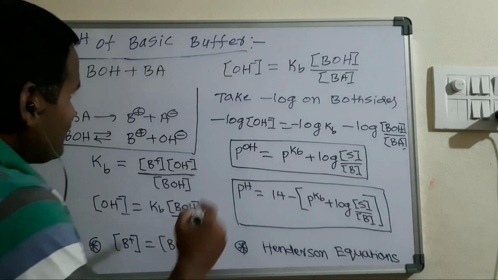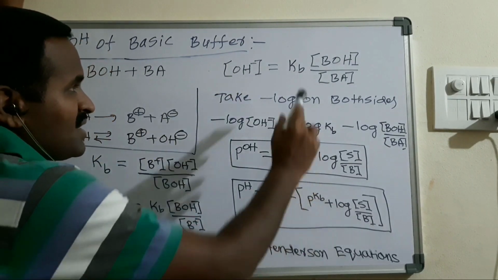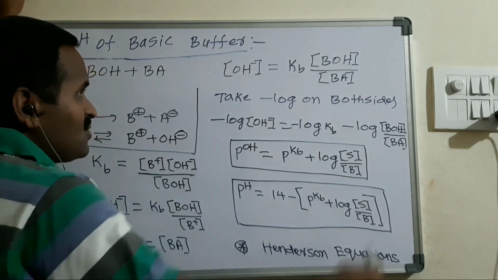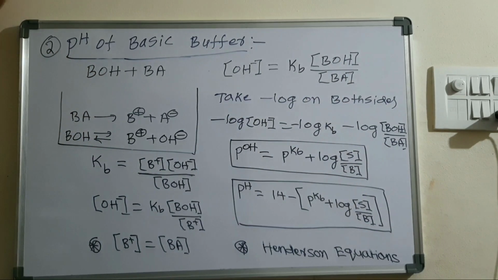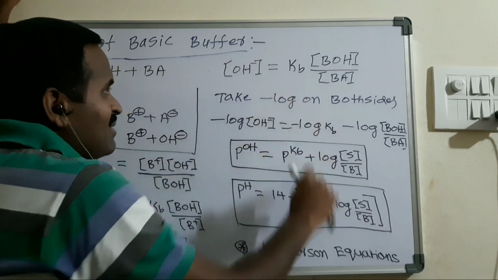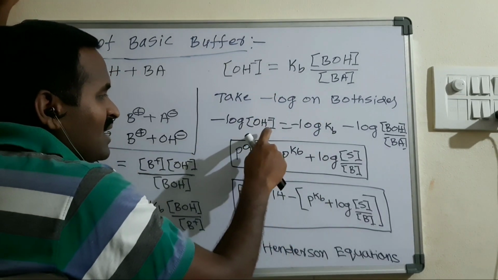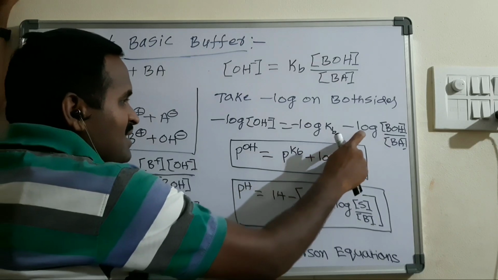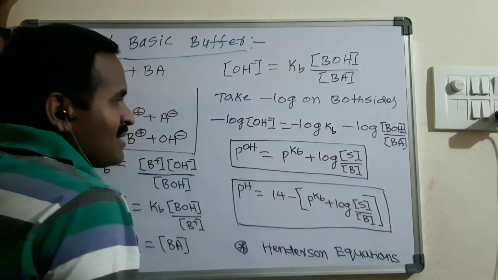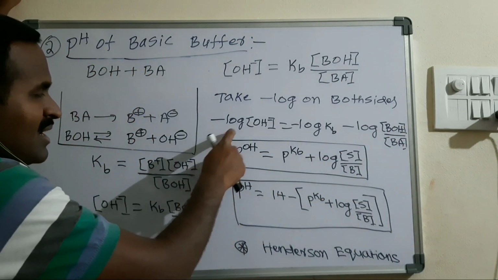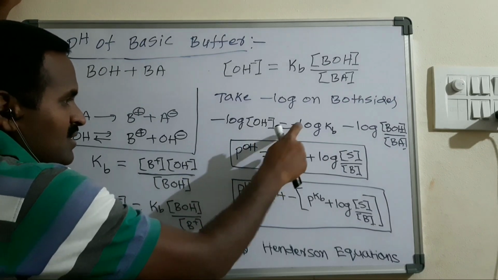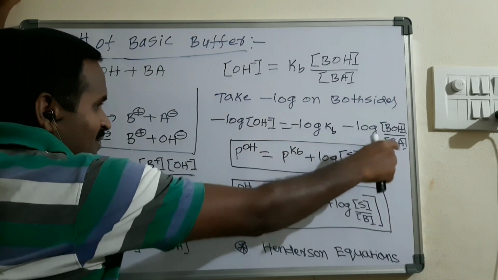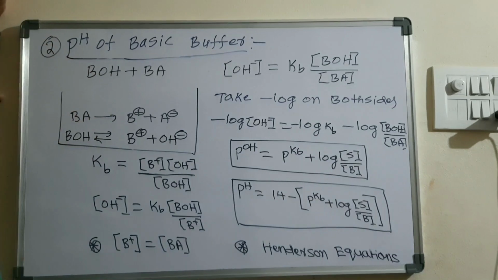You get OH minus ion concentration equals Kb into BOH concentration divided by BA. Taking minus log on both sides, minus log of OH minus is pOH, then pKb, minus log of BOH by BA concentration, and reversing this one, you get plus log of salt concentration divided by base concentration.